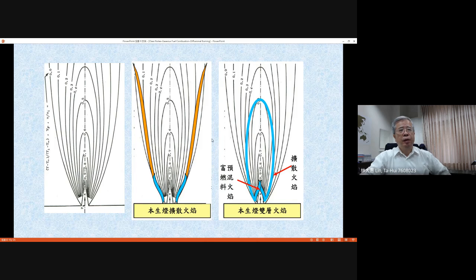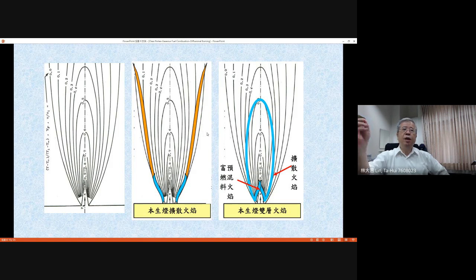For example, it depends on the concentration of oxygen and fuel you have on both sides. For example, for the fuel burned in the air, you can see the flame may sit very close to the jet boundary.